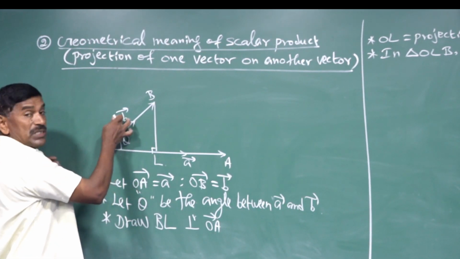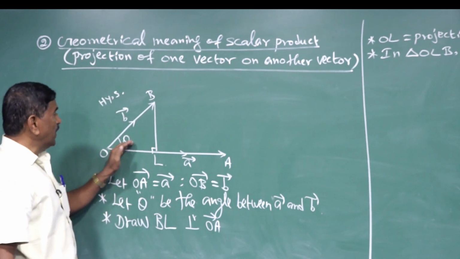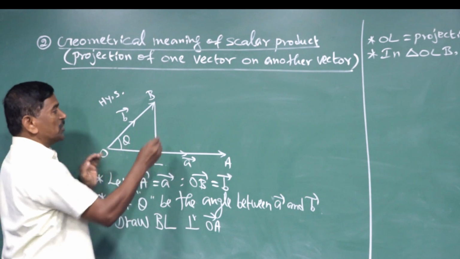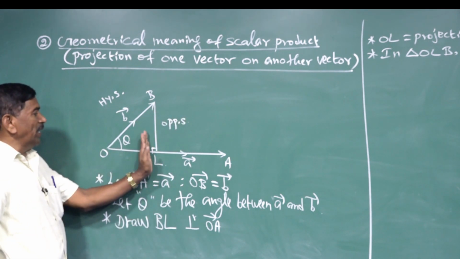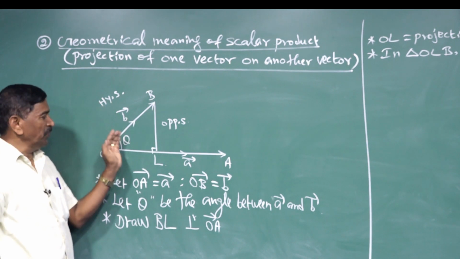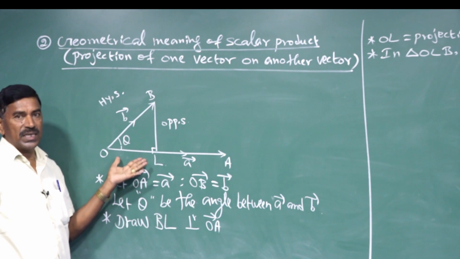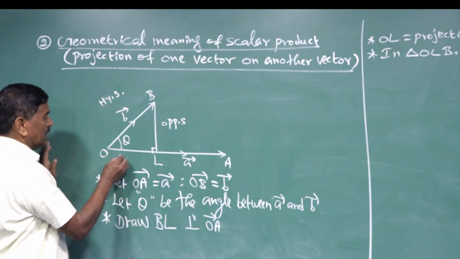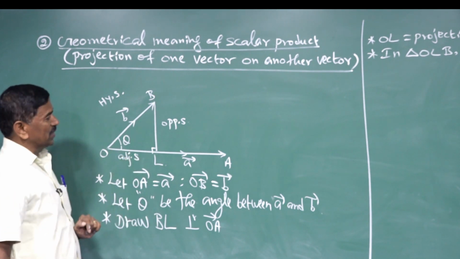Here 90 degree opposite is the hypotenuse side. Theta opposite is the opposite side. One side is remaining. What is the remaining side? Good, the adjacent side. Where OL is equal to the adjacent side.